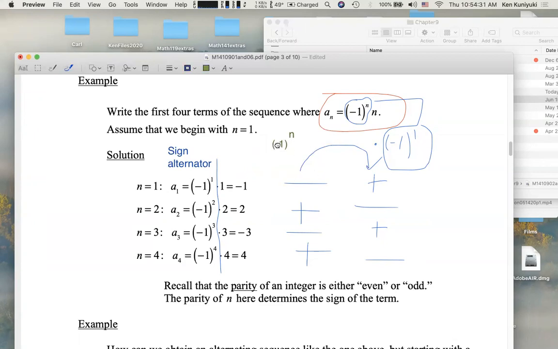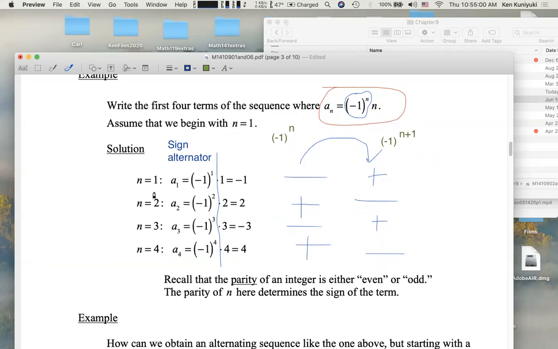Over here, we have (-1)^(n+1). So these are the signs if we have (-1)^n, and these are the signs if we have (-1)^(n+1). So if n equals 1, the exponent here is odd, we get a negative. But if n equals 1, then 1 plus 1 is 2, and -1 squared gives a +1.